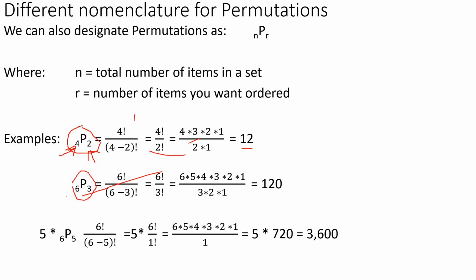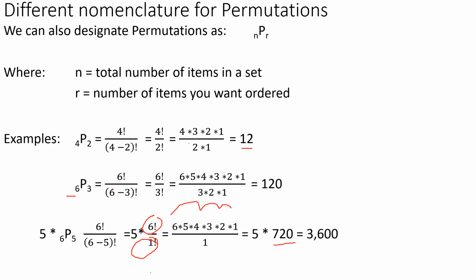P6P3: there are 6 items total, and we want 3 to be selected. So it's 6 factorial over (6 minus 3) factorial. Now 6 factorial, which is 6 times 5 times 4 times 3 times 2 times 1, is 720.